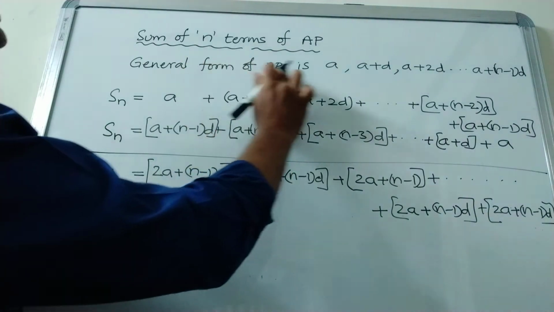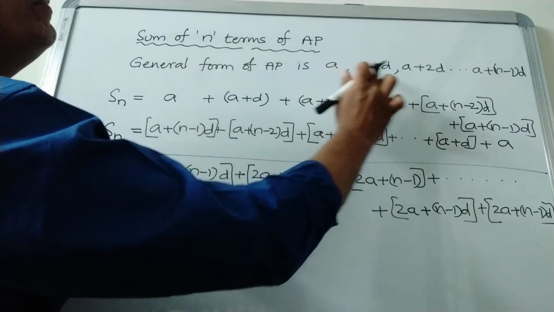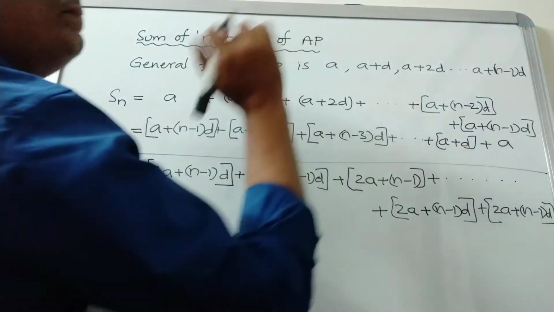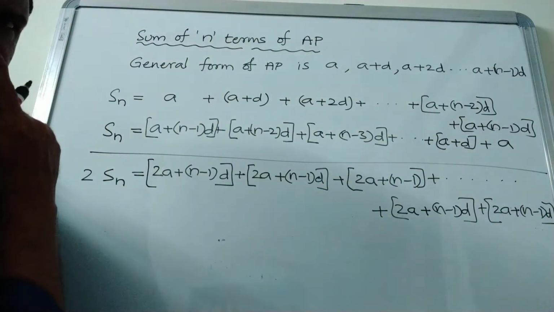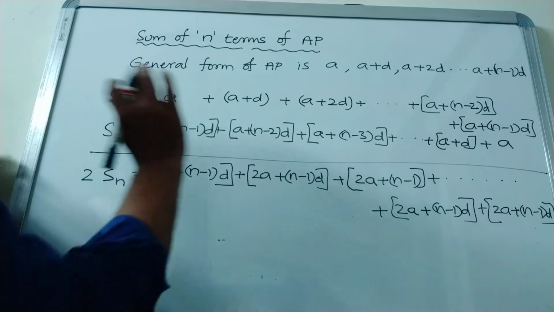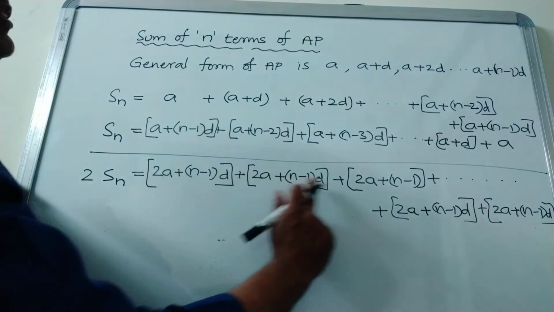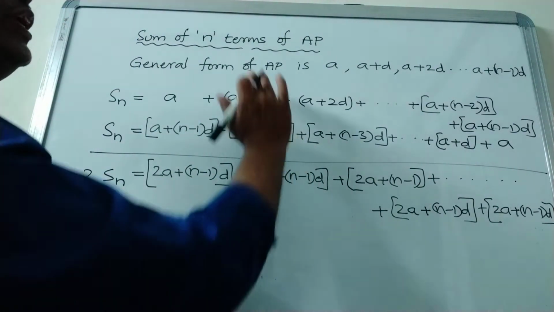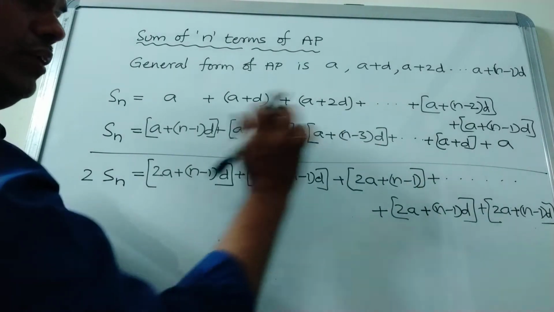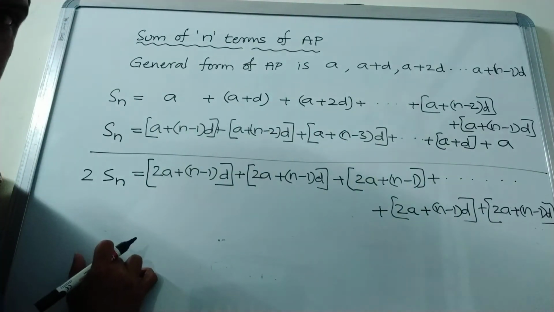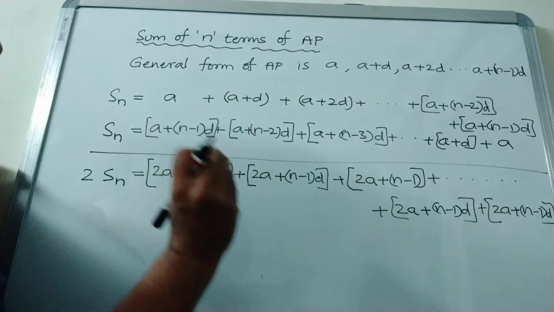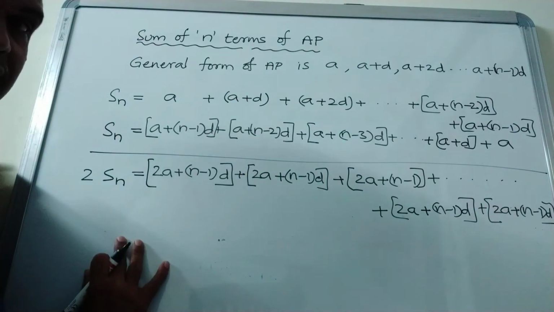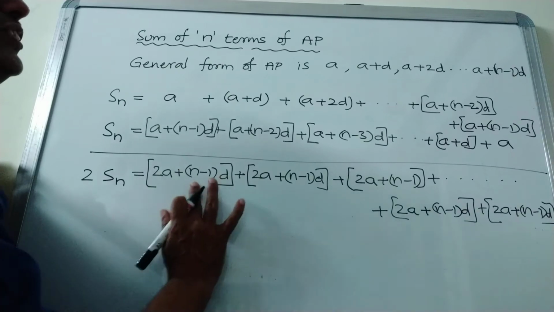So how many terms have I taken? This is the general form, n terms. This is the nth term of AP: first term, second term, third term, up to the nth term of AP. Now all terms we got, so n terms we are adding here. When we add these n terms, we get the same answer.